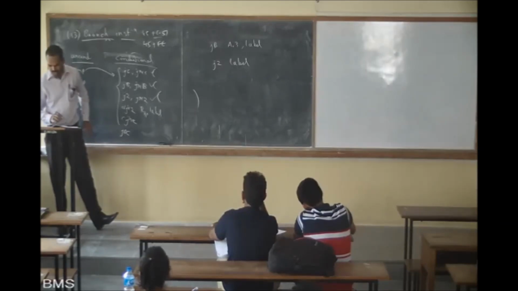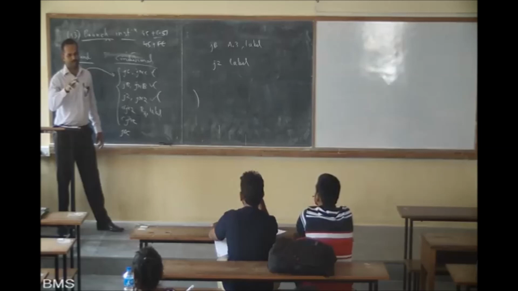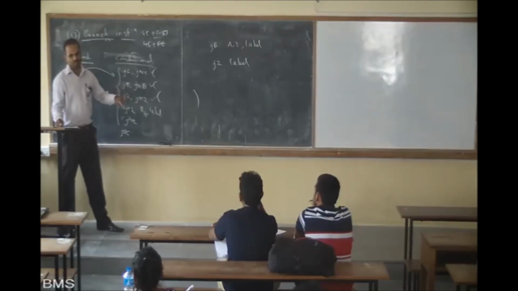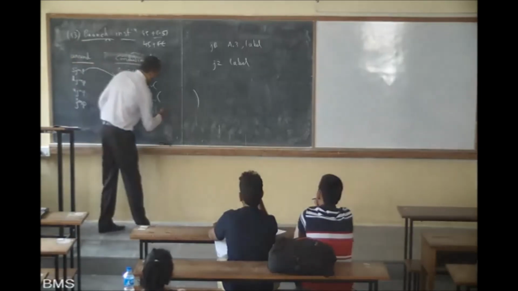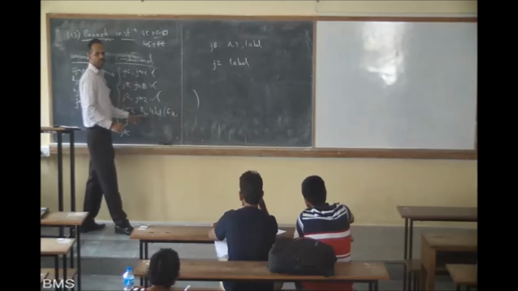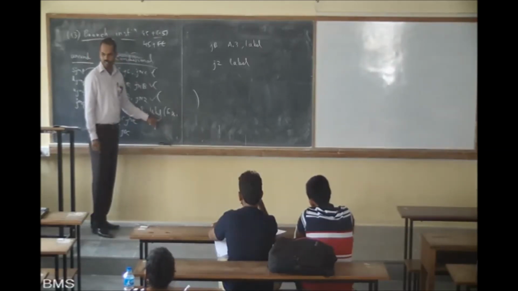DJNZ takes any register. DJNZ has two types: one is register addressing mode, another is direct addressing mode. You can also give direct addressing here. Write two examples for DJNZ. Example one is DJNZ Rn, label.